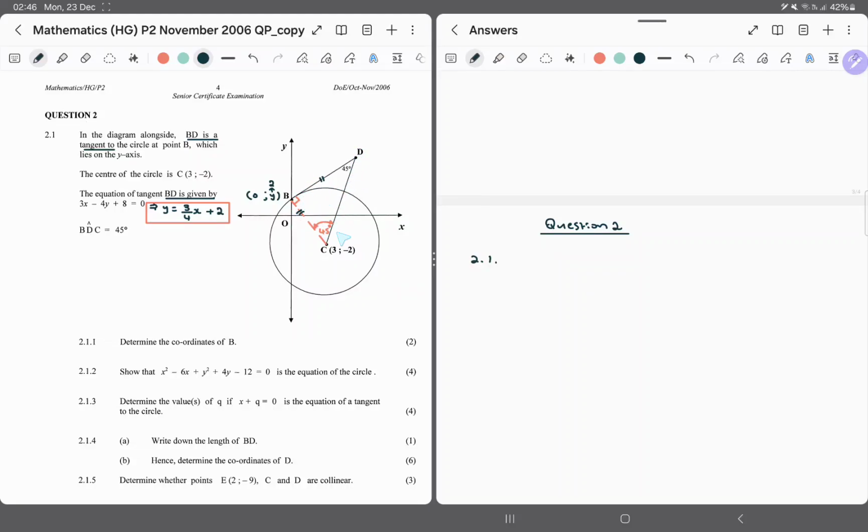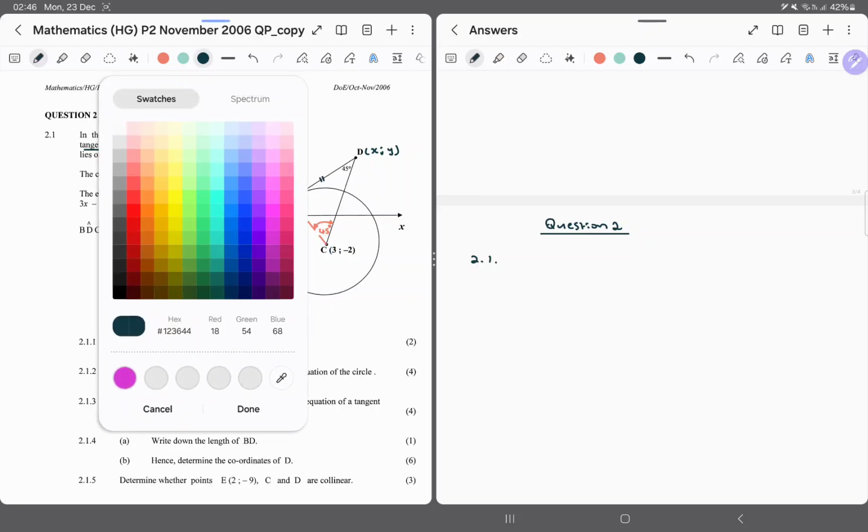Now from that length, remember we still don't know the coordinates of D. So this is X and Y. So we will find one equation for the length. Knowing the Pythagorean theorem is going to give us the answer of the length, but we'll still have variables in the equation. Then the other thing that we can do is find the gradient of this radius.